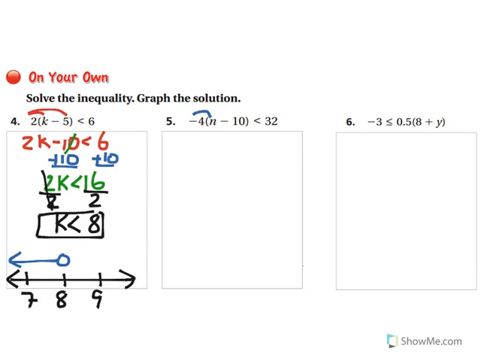We have negative 4 times n is negative 4n. See if you get caught by the tricky one. I could make this into plus negative if it makes more sense. If I have negative 4 times negative 10, that gets me positive 40, so it's going to be plus 40. Hopefully you weren't fooled. Is less than 32.